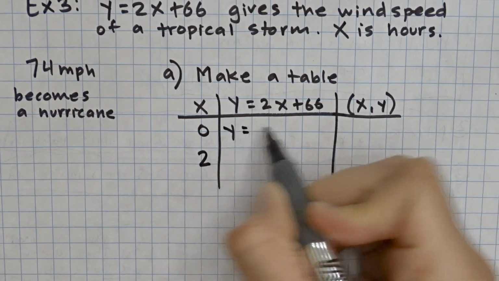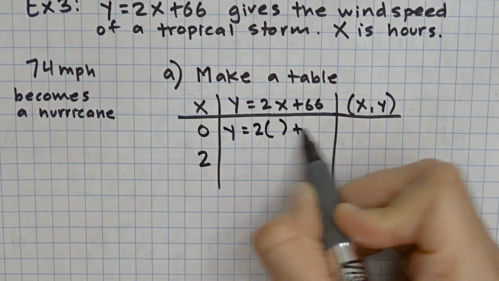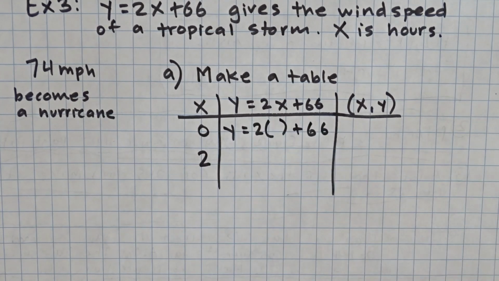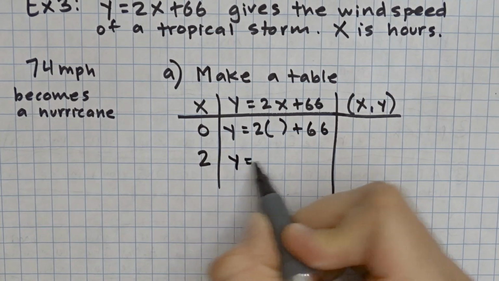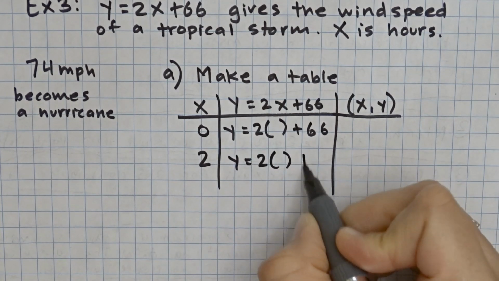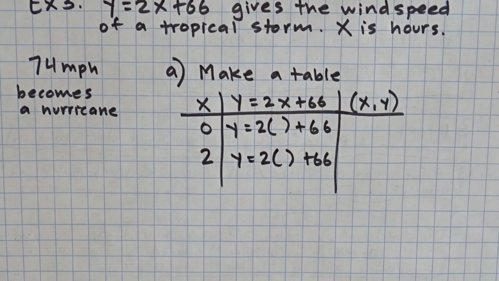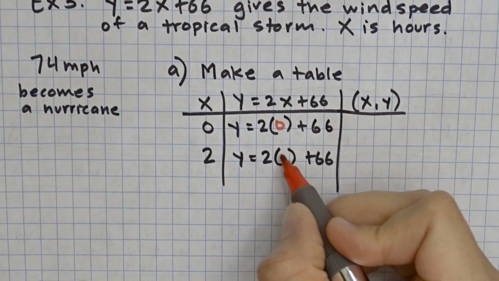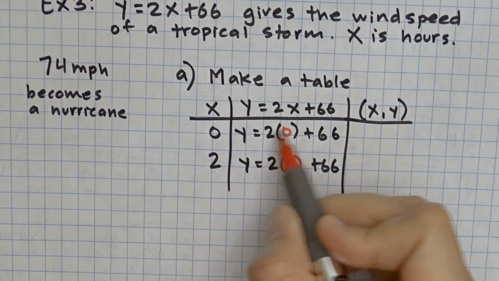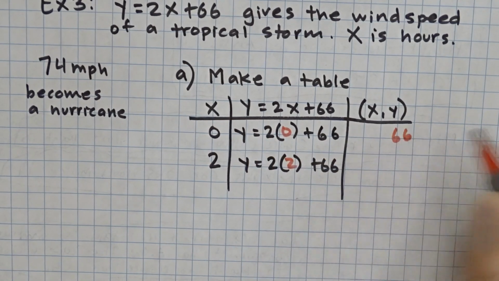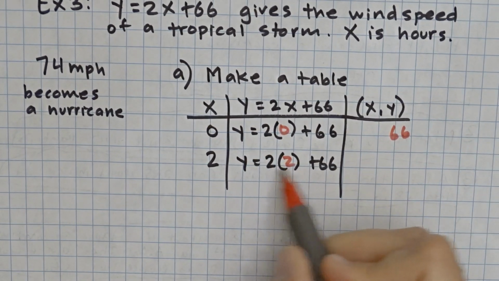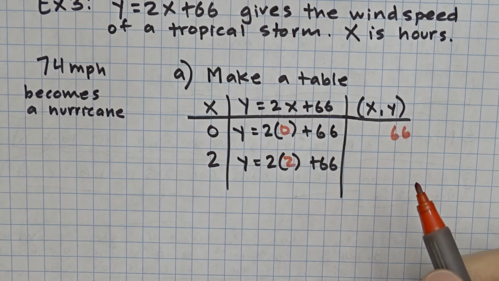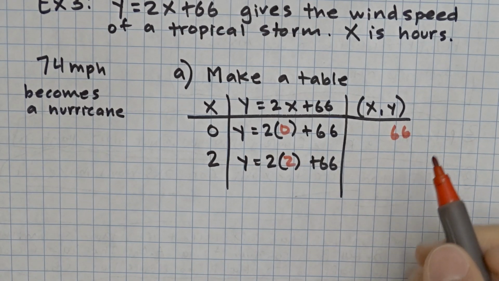So y equals 2 times x, which is my plug-in bubble. And then y equals 2 times x. Again, I left a plug-in bubble, and that plug-in bubble is where I'm going to put in my x value, 0 and 2. And that's 0, so this is going to be 66. And this is 4, and 66 plus 4 is 70.